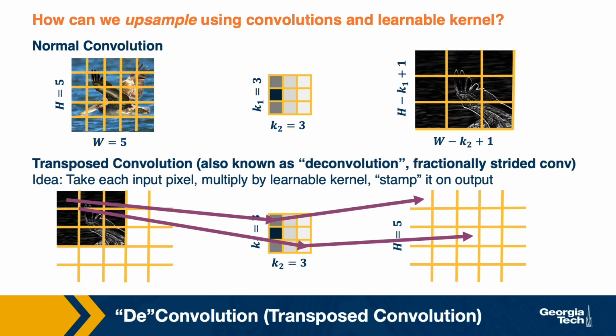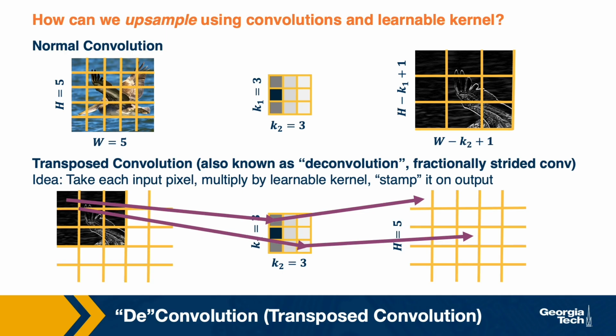The idea is, again, we're going to do something similar as what we did for the max unpooling layer. We're going to go pixel by pixel in the input, and for each pixel, generate a larger output. Except here, we're going to be multiplying that input by some learnable kernel. Rather than dot producting the kernel across the image patch, what we're going to do is, again, the opposite.